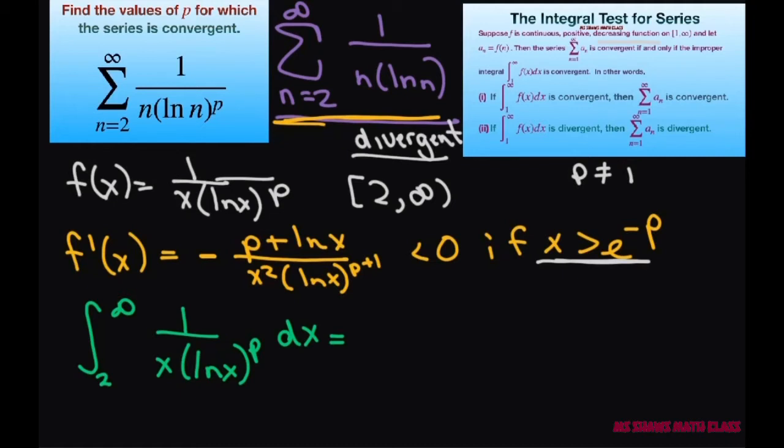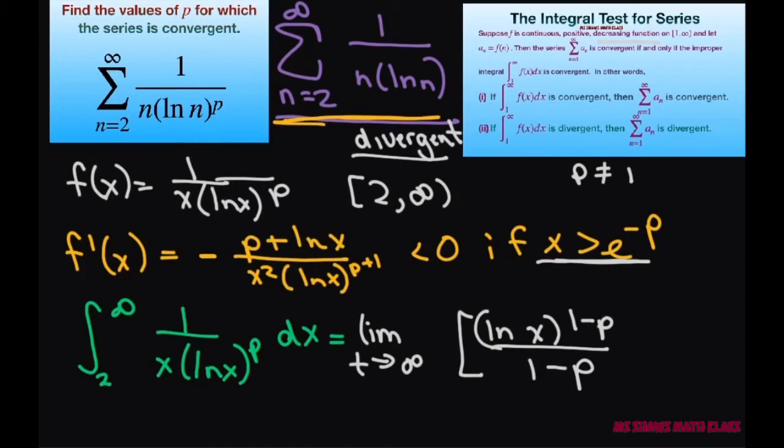It goes like this: the limit as t approaches infinity of ln of x to the power of 1 minus p divided by 1 minus p, evaluated from 2 to t. Now this is for p not equal to 1.